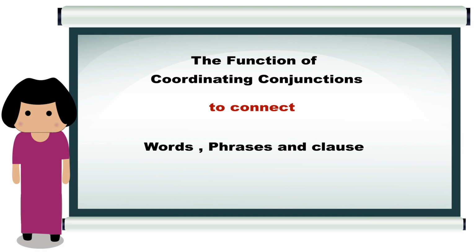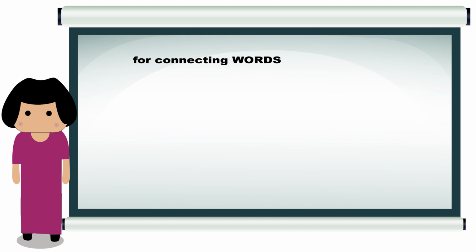Now let's see which conjunctions we can use to connect words and phrases. For connecting words and phrases, we can use the conjunctions and, nor, but, or, and yet. Now I will give you some examples here.